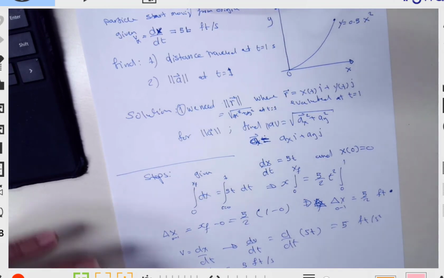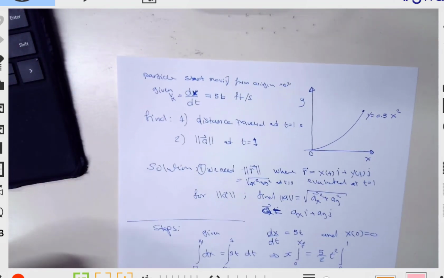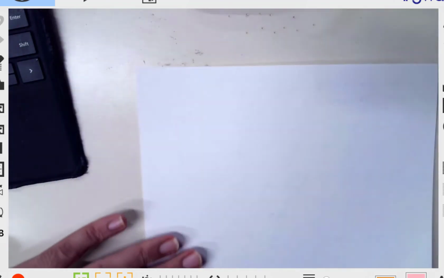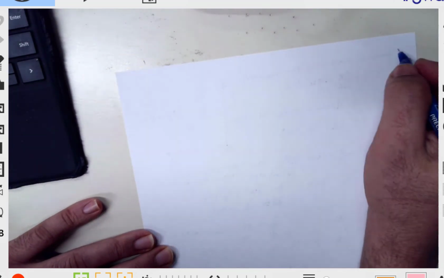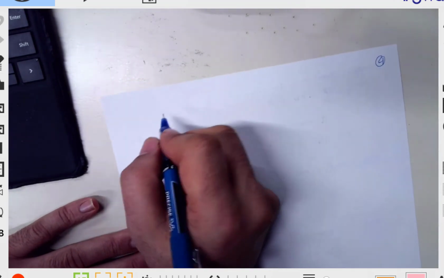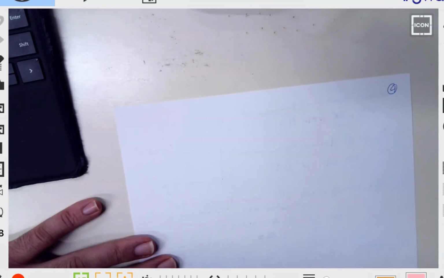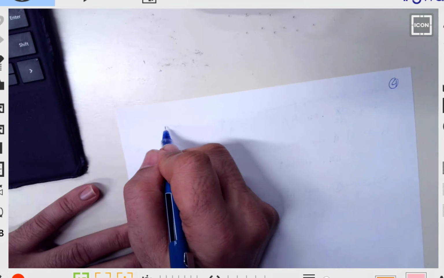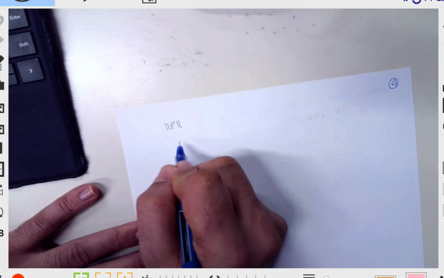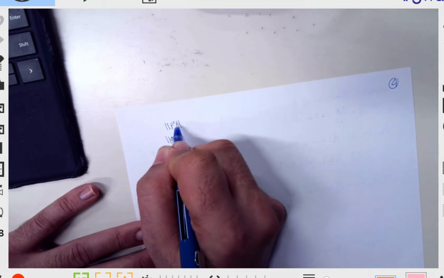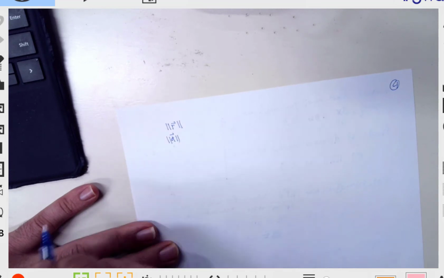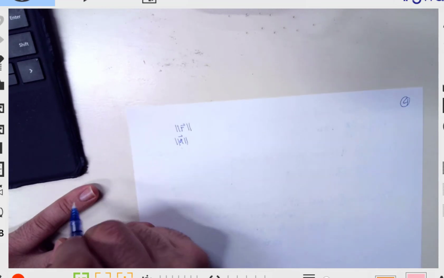Now, what's missing from all of that is the component in y. This is where the chain rule applies. Just to recap, we want to find this, the distance, and that, the magnitude.